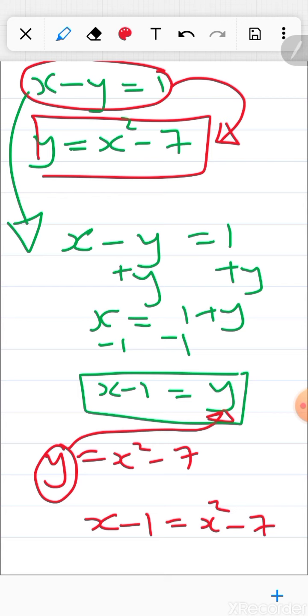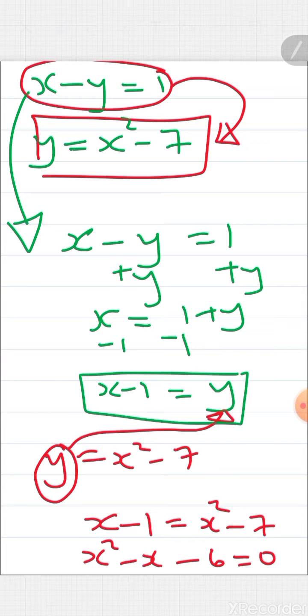And if I rearrange it, I'll have x squared minus x minus 6 equals 0. You can pause the video and then verify whether I'm right on this.